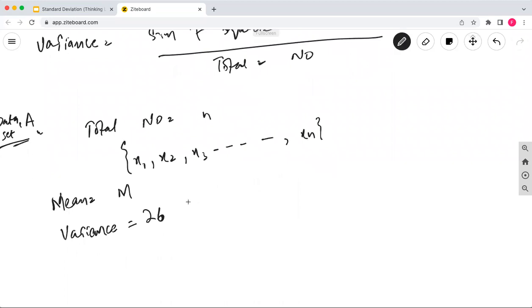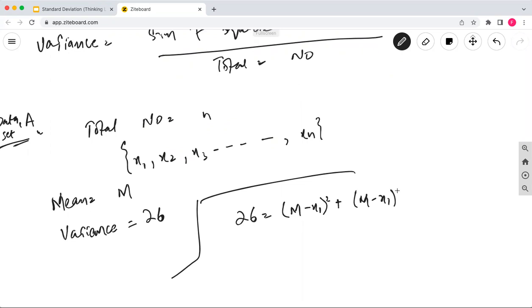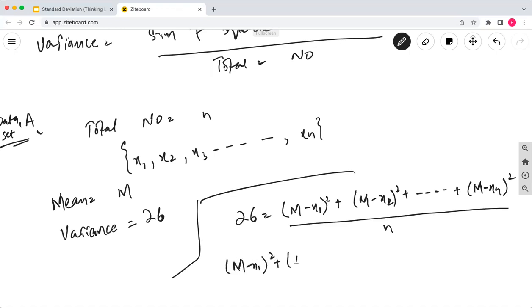Now, if we use this formula, variance 26 is equal to the sum of deviations. If the mean is m, the first deviation from the mean is (m minus x1) squared, plus (m minus x2) squared, plus up to (m minus xn) squared, divided by the total number of elements, n. So (m minus x1) squared plus (m minus x2) squared plus up to (m minus xn) squared is equal to 26n, right?